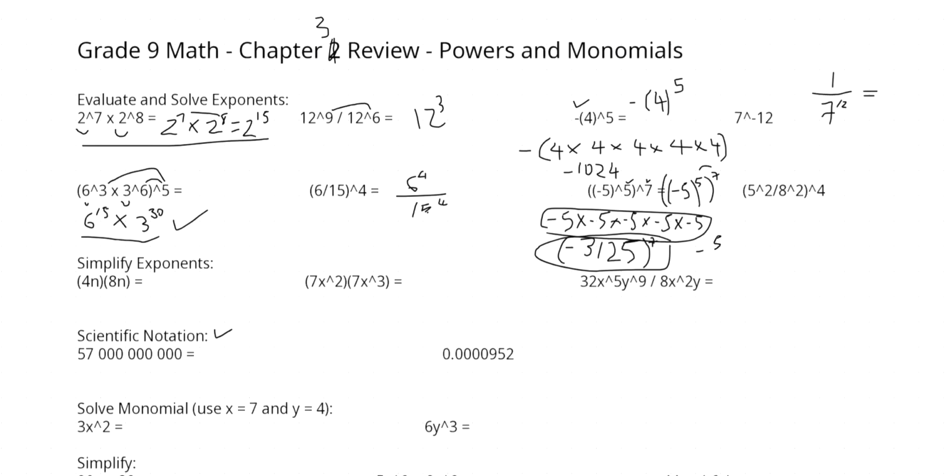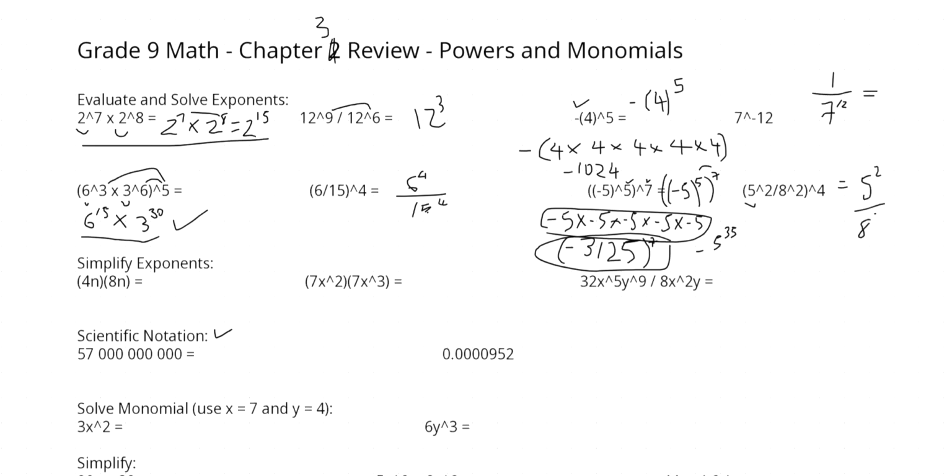So here we have a fraction. So it's 5 to the power of 2 over 8 to the power of 2. Let's write it out so it's easier. And each of these is going to be to the power of 4.